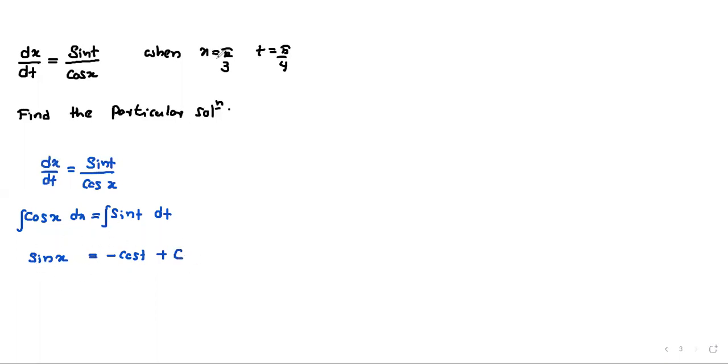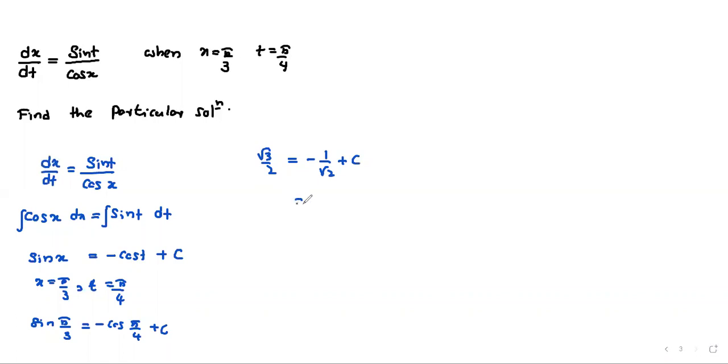If you want to find the particular solution, we have to specify these particular values. So x is pi by 3, whereas t is pi by 4. So sin pi by 3 equals minus cos pi by 4 plus c. So this turns out to be root 3 over 2 equals minus 1 over root 2 plus c.